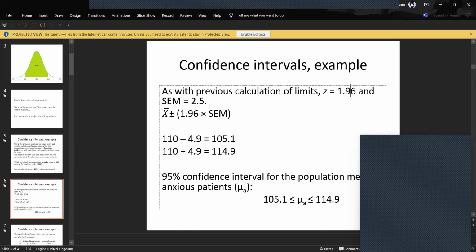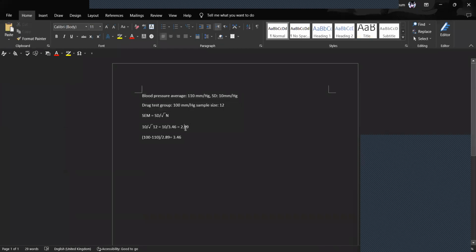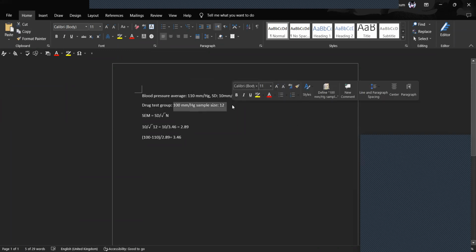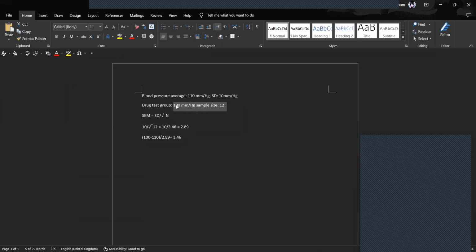So we have our standard error of the mean, which is 2.8. And so what we can do, instead of calculating whether or not 100 has a p-value of less than 5%, is calculate the confidence interval and see if that is able to hit 110.